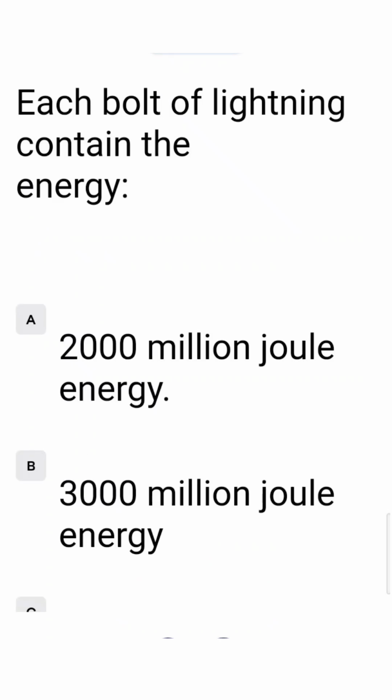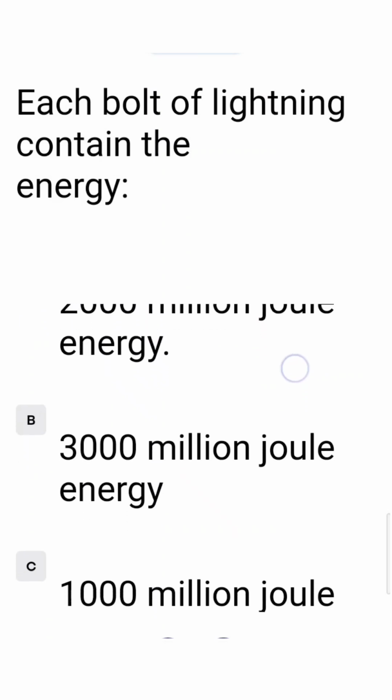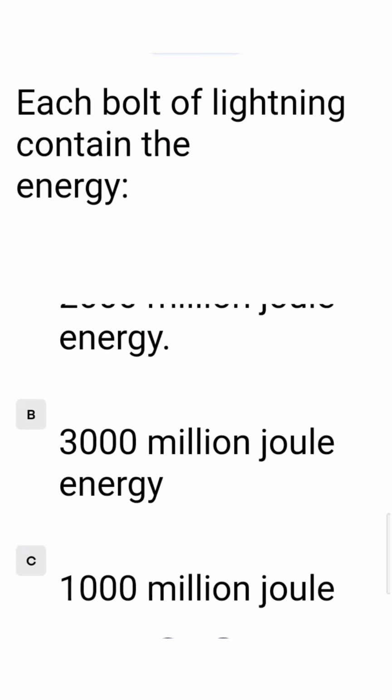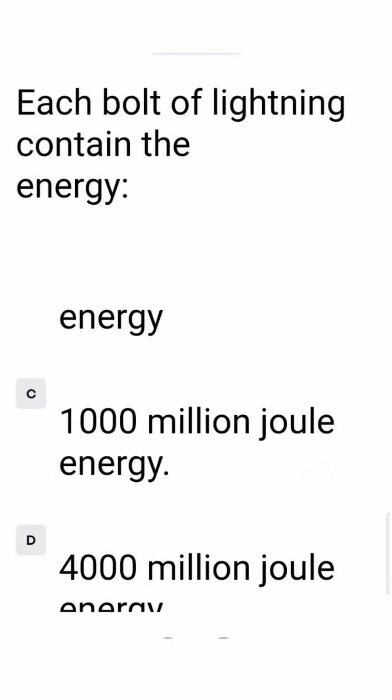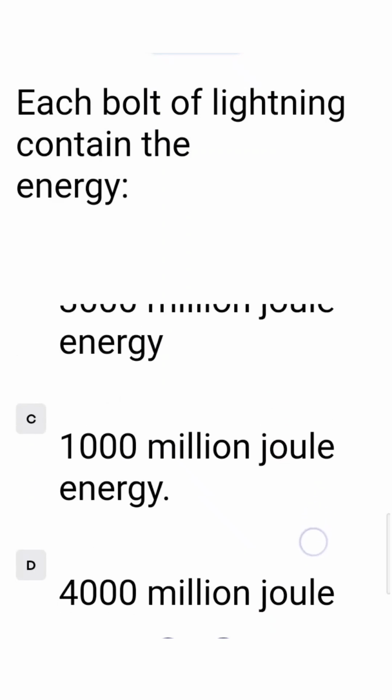Each bolt of lightning contains energy. Option A: 2000 million joule energy, B: 3000 million joule energy, C: 1000 million joule energy, D: 4000 million joule energy.